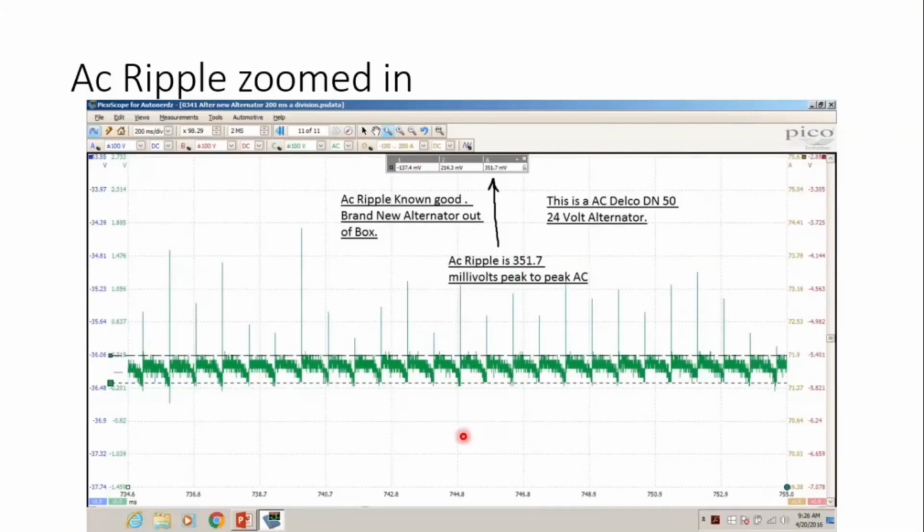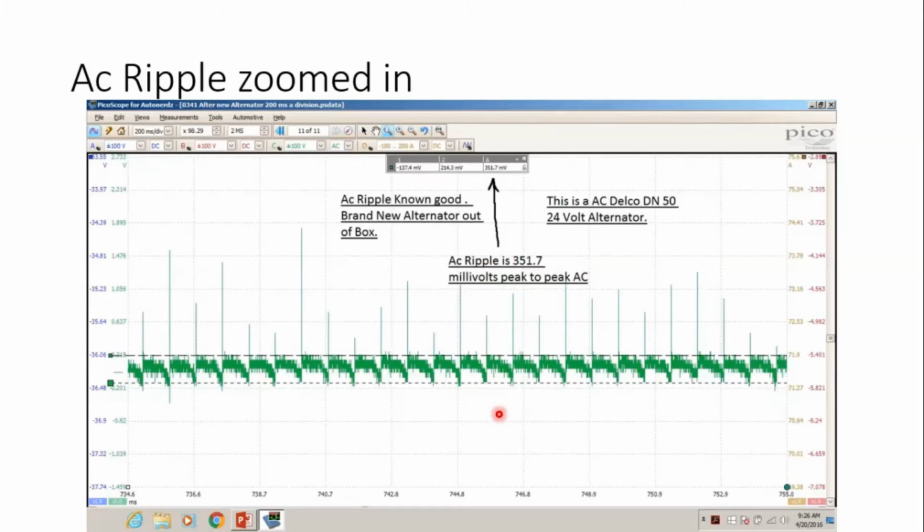And here is a zoomed in picture of the AC ripple on this bus. This is an AC Delco DN50 24 volt alternator. It's brand new out of the box, and the peak to peak AC ripple is 351.7 millivolts.